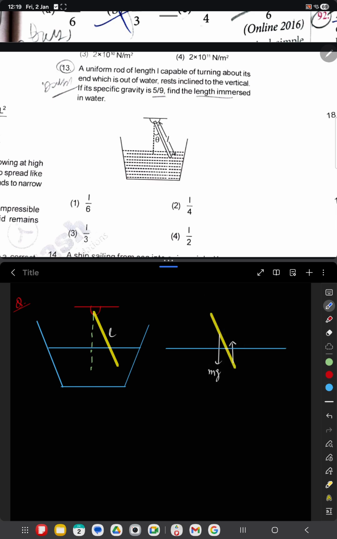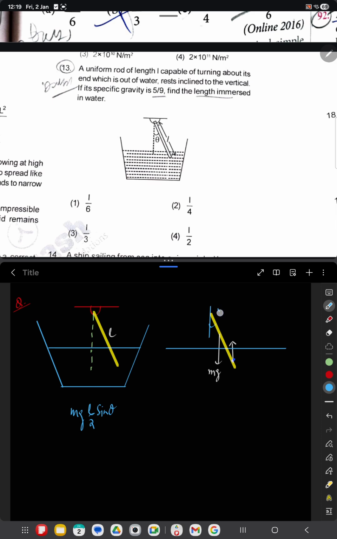So let's suppose buoyant force is acting from this point, the middle point of the immersed portion. Now you need to balance torque about this point. So this will be mg into L by 2 sin theta, right? And if this total is x, then it is x by 2.